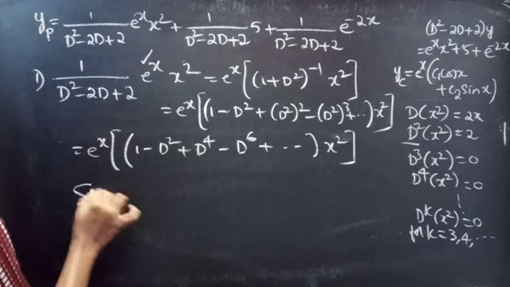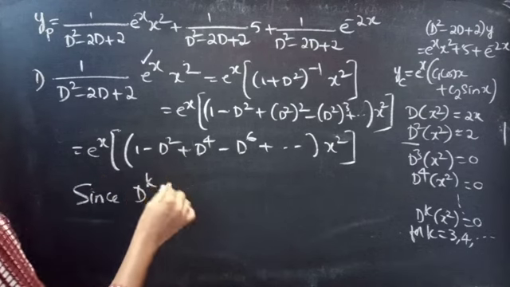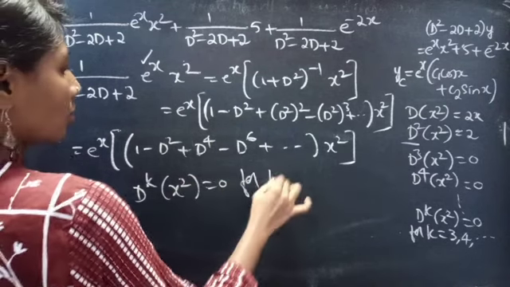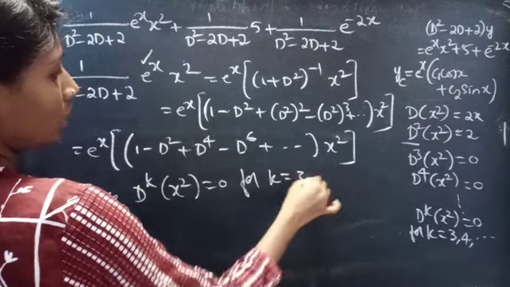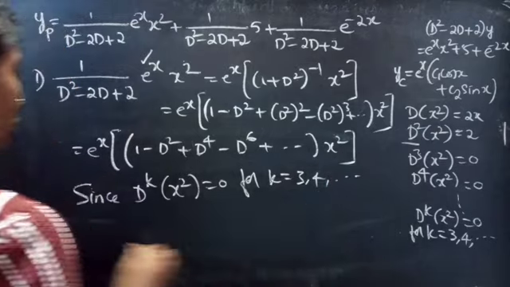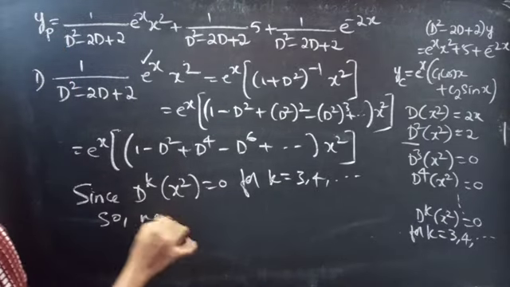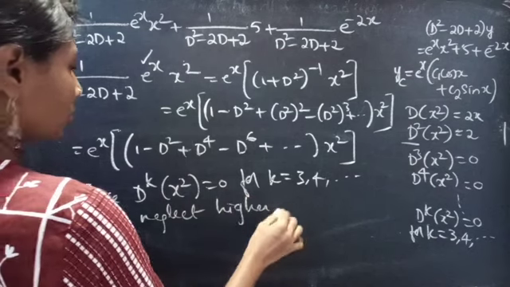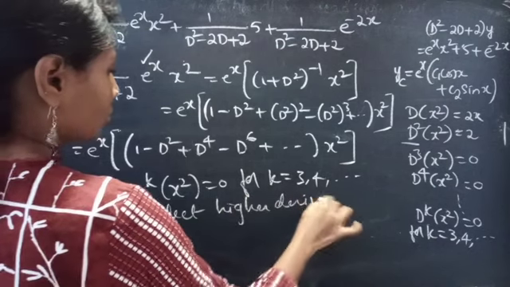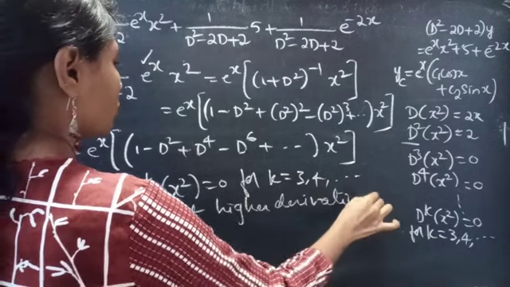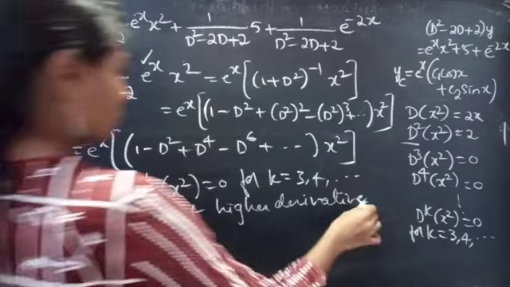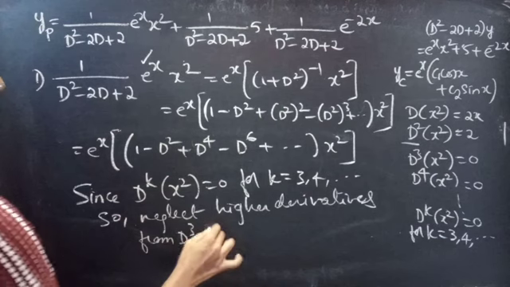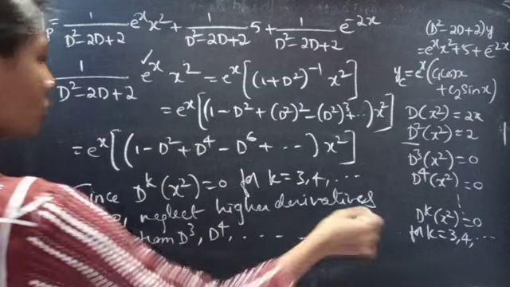Since D power k of x square equals 0 for k equals 3, 4 and so on, neglect higher derivative terms from D cube, D power 4 and so on.